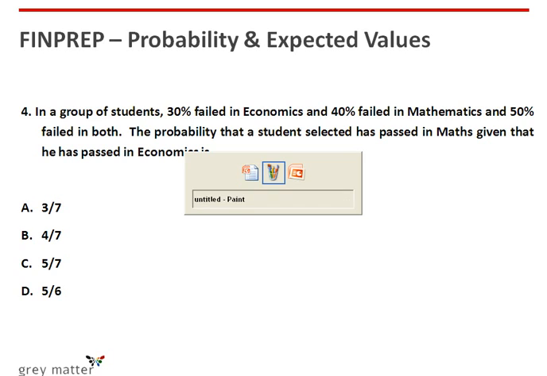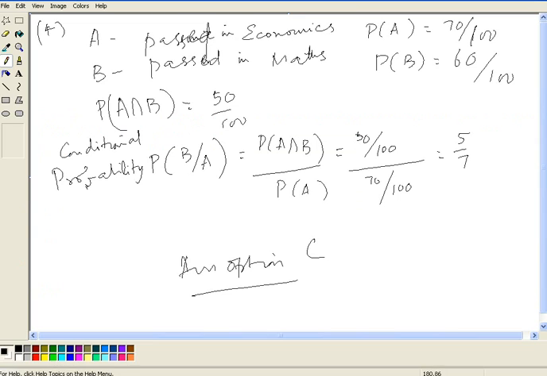Going to our worksheet, let us take A to be the event where students have passed in economics. Since students who have failed in economics is given to be 30%, the probability of A is 1 minus 30 by 100, which is 70 by 100.